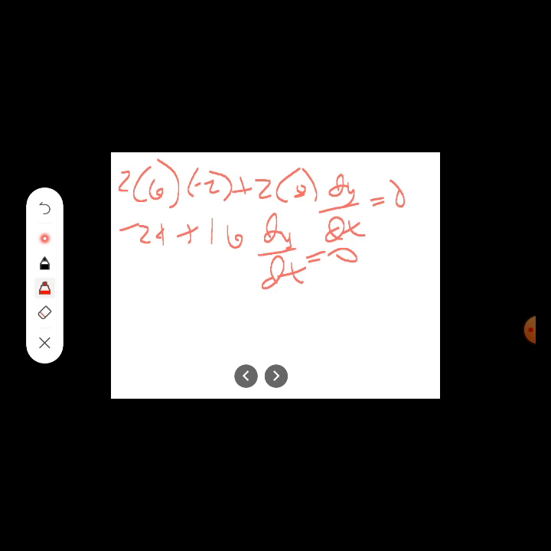Then 16 dy over dt equals 24. Then divide both sides by 16. So we have 24 over 16, or 3 over 2, or in decimal, that would be 1.5.